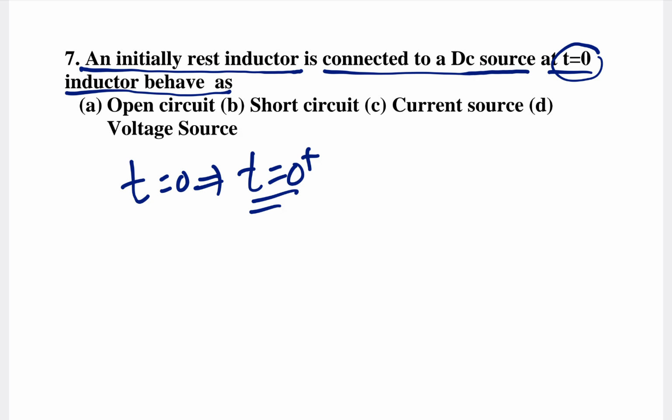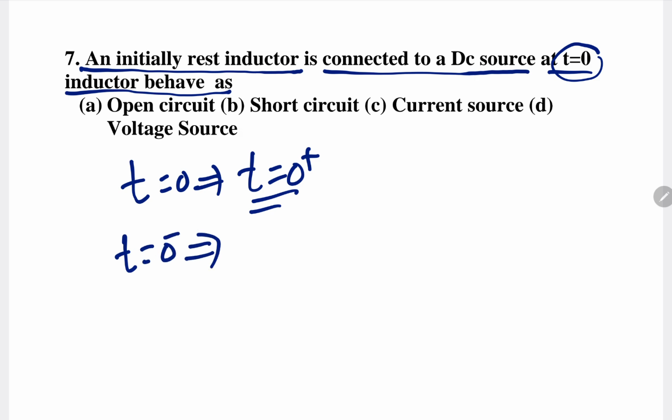If any current is present, let us say 2 amps, then after the switching operation at t equals 0 plus we will get the same current. If at t equals 0 minus there is no current in the inductor, at t equals 0 plus also there will not be any current, because an inductor does not allow sudden changes in current.